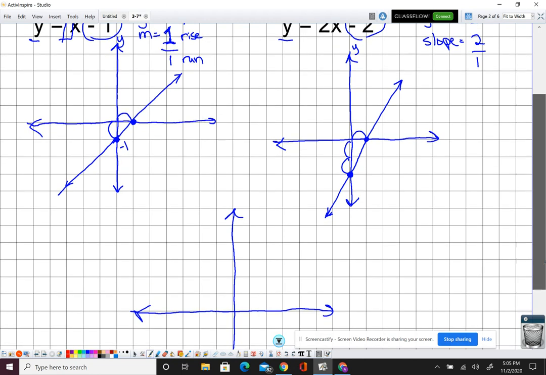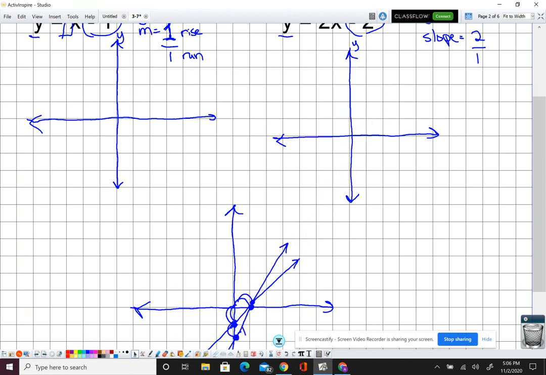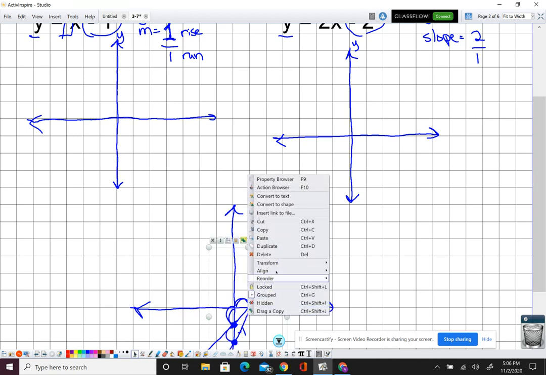Now, to solve our system of equations and find a solution, I'm going to take this line and move it down to this graph. We said it intercepts at -1. Then I'm going to take this other line and move it down here, and that intercepts at -2, going up 2 and over 1.